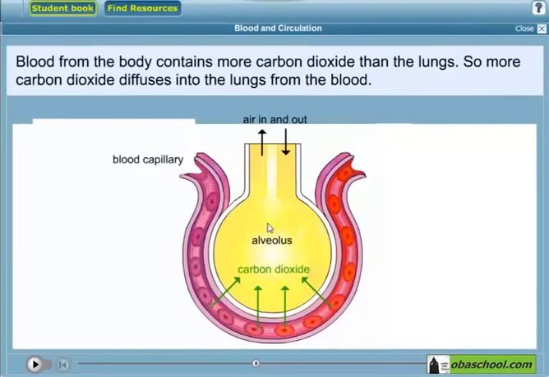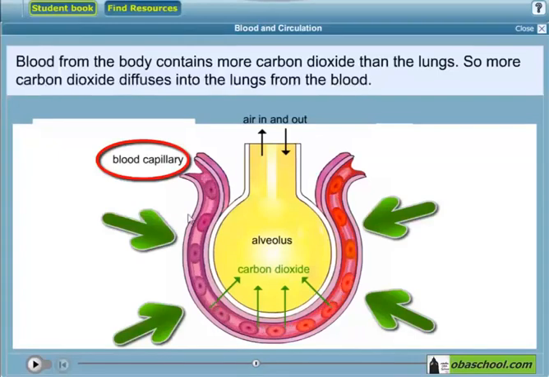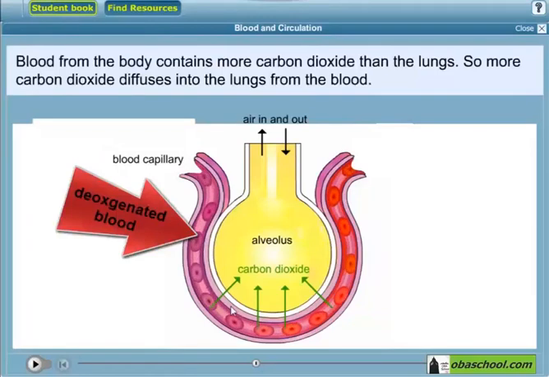It is surrounding the alveolus, and the alveolus, when we breathe in, is going to be filled with oxygen-rich air and carbon dioxide-poor air. So the blood capillary has more carbon dioxide than the alveolus and less oxygen than the alveolus. So we have concentration gradients of both gases.